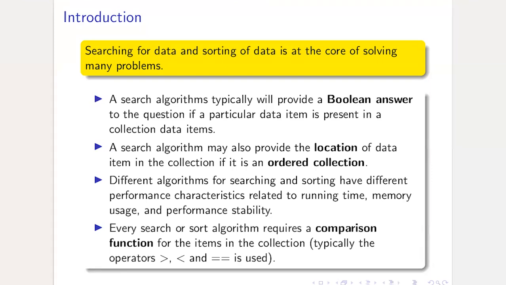In certain algorithms, you find that for a smaller collection it is very efficient, but for a larger collection it is not. Also, if the collection is ordered, that means if it is sorted, then it's very fast. If it is even partially sorted, it still has better performance.